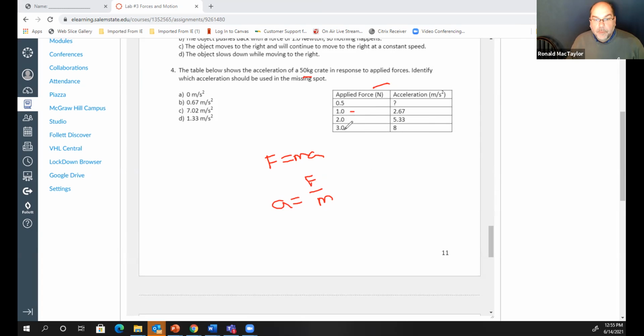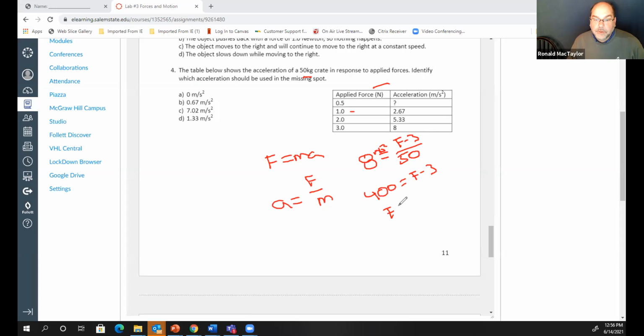So acceleration of 8 meters per second squared is going to equal force minus 3 divided by 50. 400 equals force minus 3.